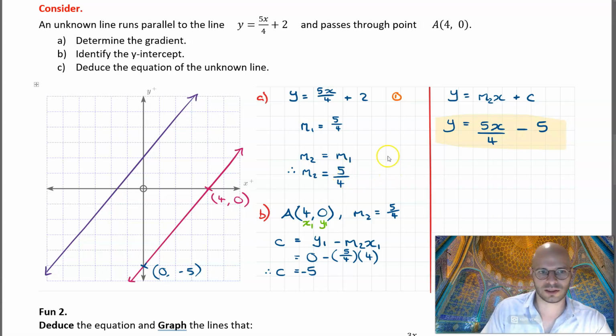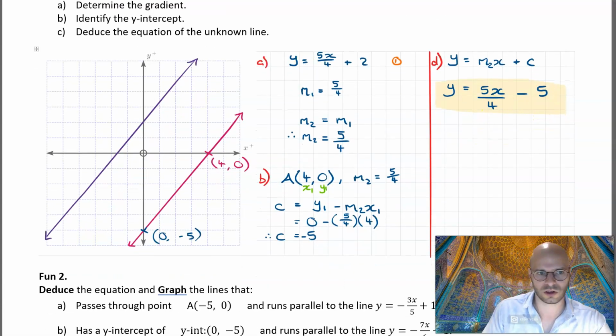Finally, we determine the equation of our line simply by putting the values of m and c into y equals mx plus c, which yields a result of y equals 5x over 4 minus 5.